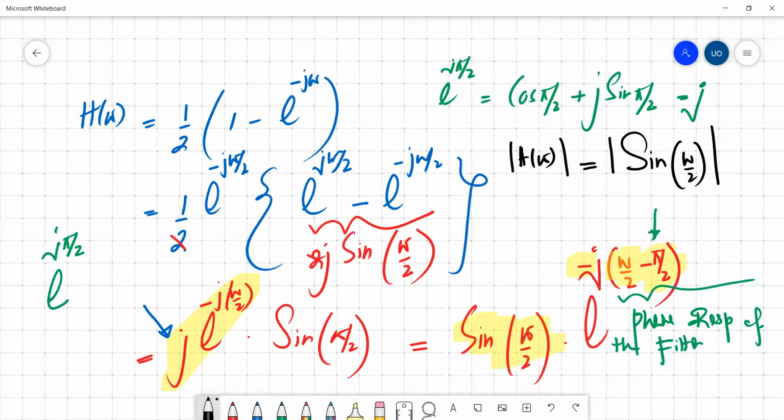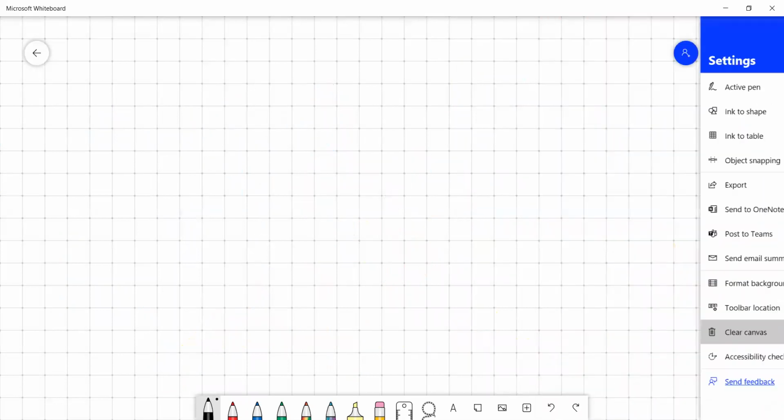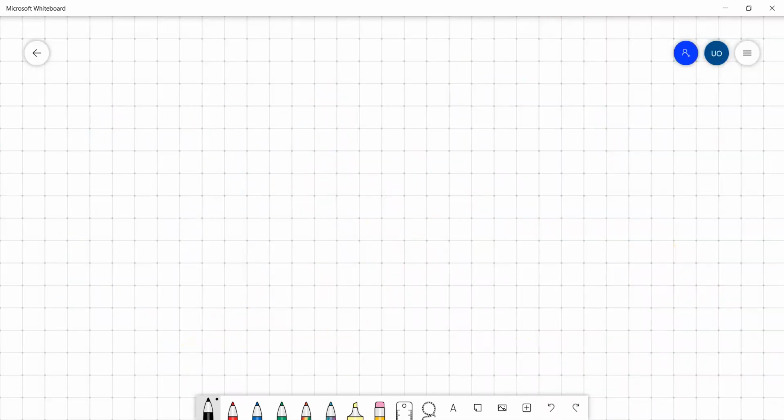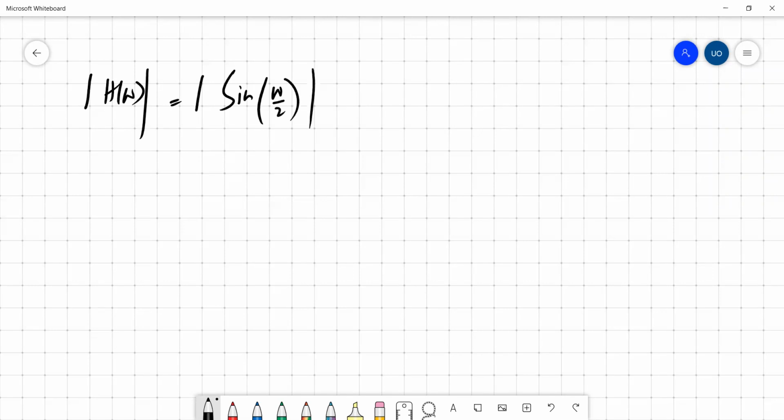So we can simply get the magnitude response from this sine(omega over 2) magnitude. Let's plot this one and see what the response would be. So now this H(omega) is the magnitude of sine(omega over 2).